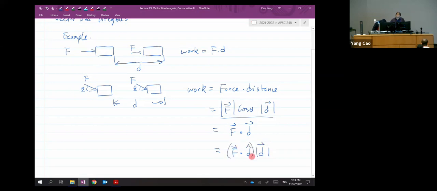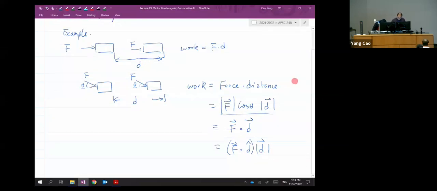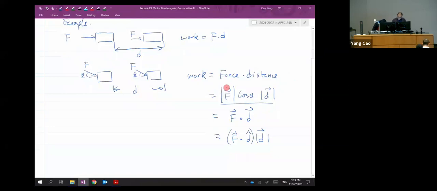So F dot D is equivalent to F dot D hat, multiplied by the magnitude of D. This is the work done by a single force without changing magnitude and direction. Then you end up with the formula F dot D hat times the absolute value of D, which refers to the displacement traveled by the object from here to here.